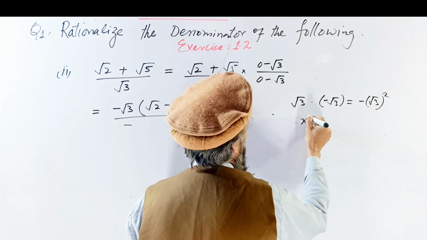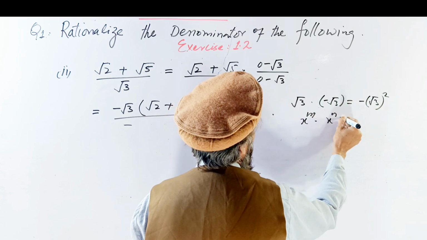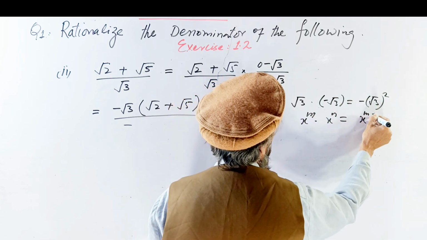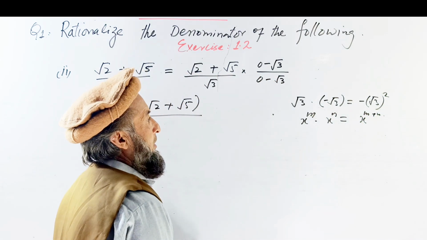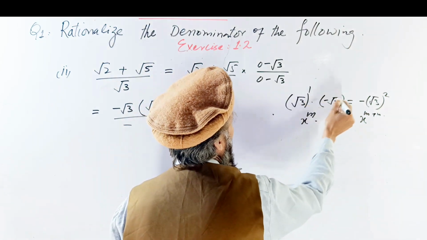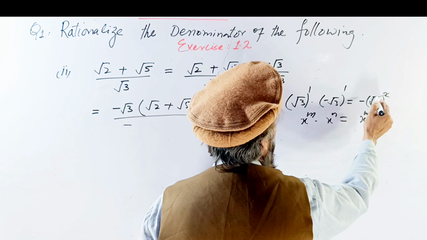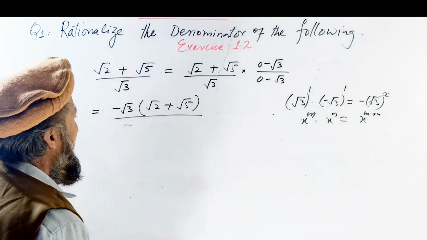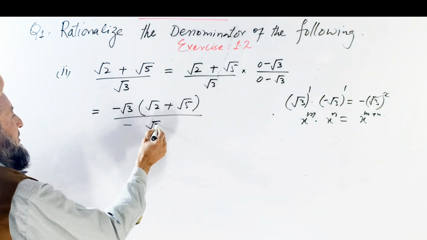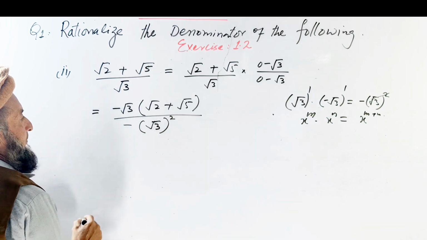If the bases are the same, we add their exponents. Here the exponent is 1, and 1 plus 1 gives 2, and this cancels with the square root, so we get minus 3. So we write minus 3 whole squared.